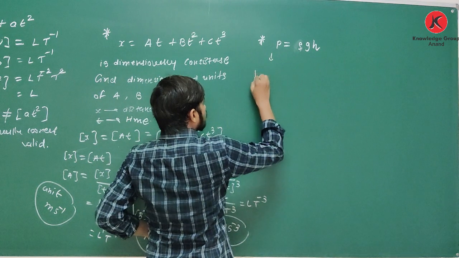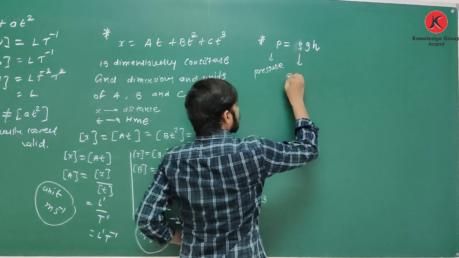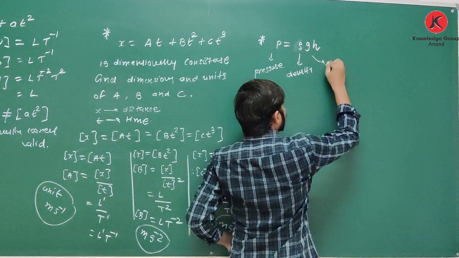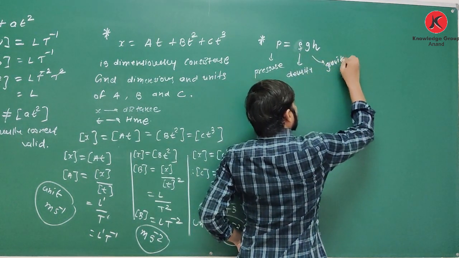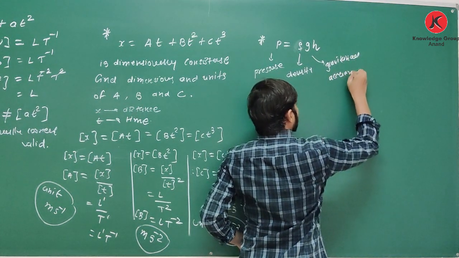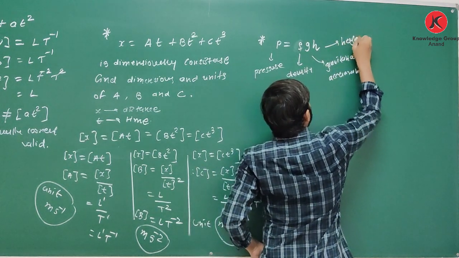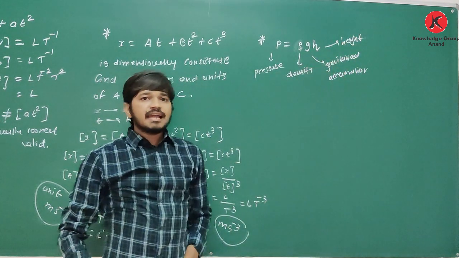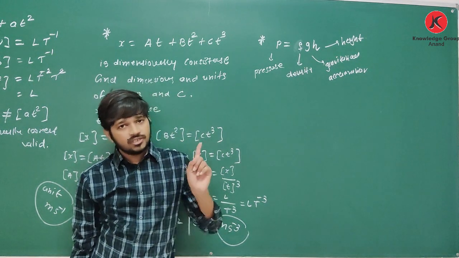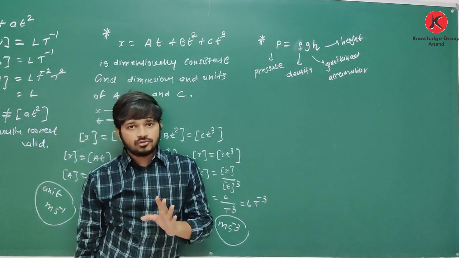P is pressure, rho is density, G is gravitational acceleration, and H is height. You have to check its dimensional consistency, whether it is dimensionally consistent or not. These are your homework, and you have to write the answer in the comment box.